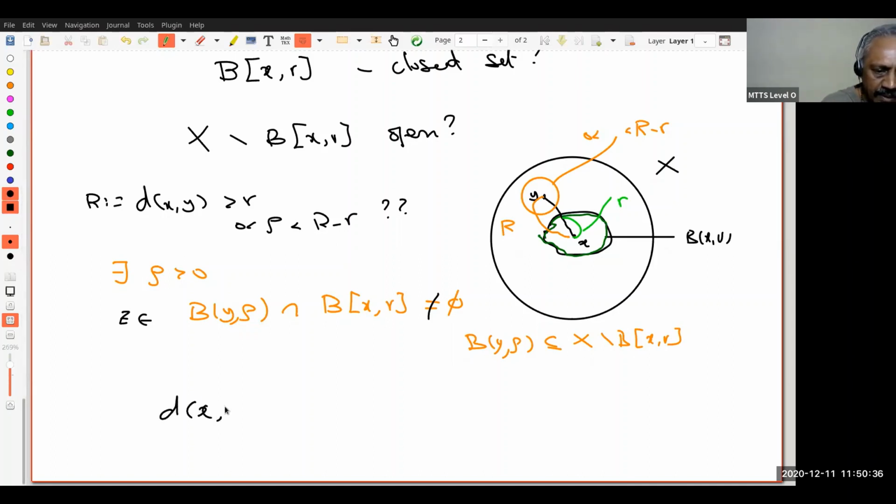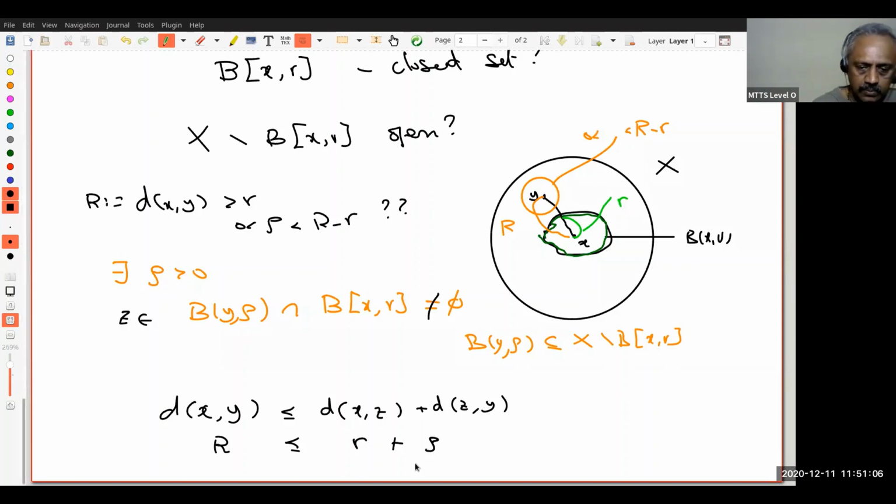Distance between x and y is less than or equal to distance between x and z plus distance between z and y. Now, the distance between x and y is capital R, which should be less than or equal to d(x,z), which is at most r, plus d(z,y), which is less than ρ.